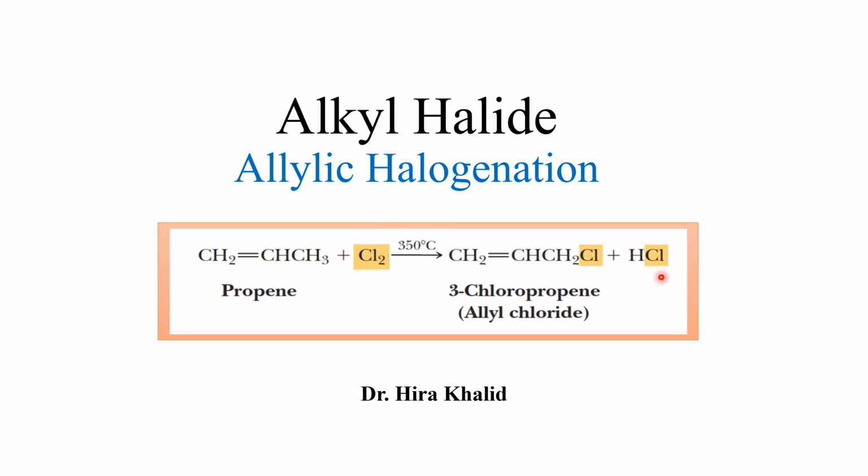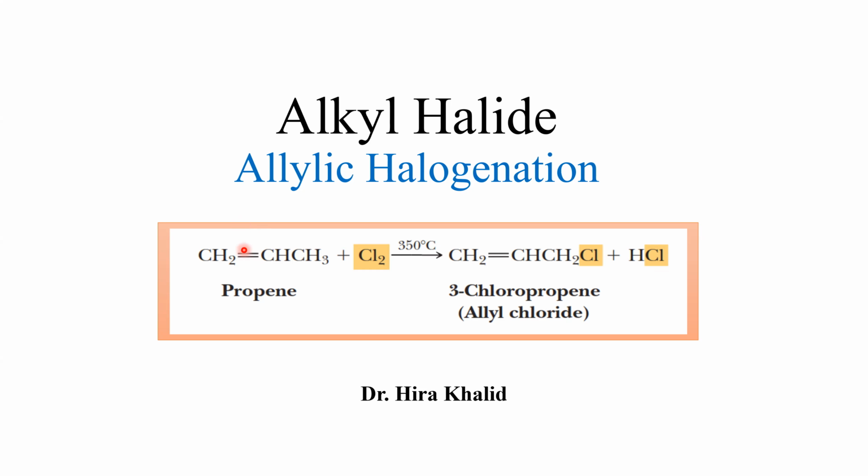Now, the question is this: whenever we talk about alkenes, which are unsaturated hydrocarbons, and they react with halogens, that is chlorine or bromine, they can easily undergo the addition reaction. Addition reaction means there could be an attack and addition of that halogen at the pi bond, which is a double bond here.